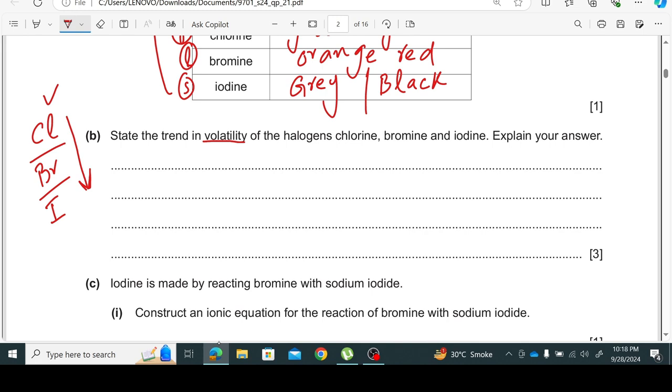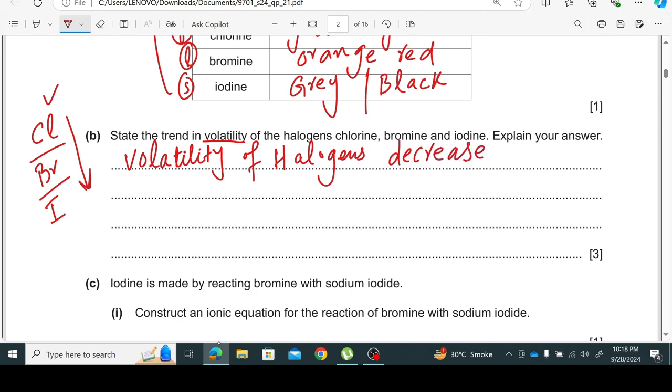So you will write the answer: volatility of halogens decreases down the group.